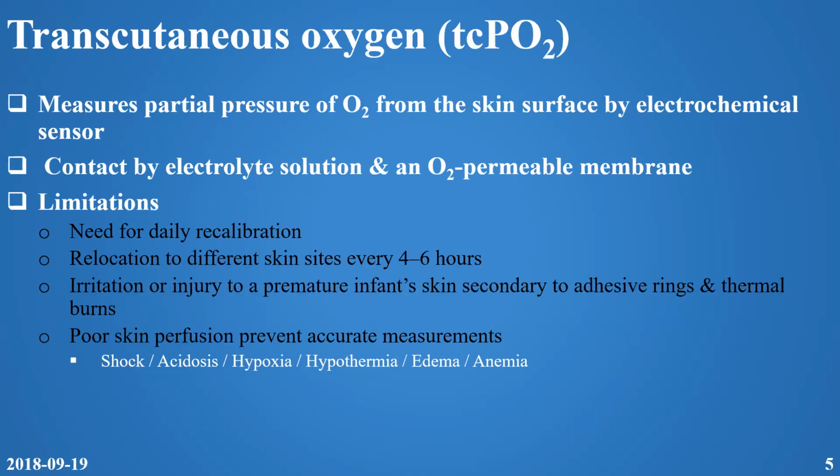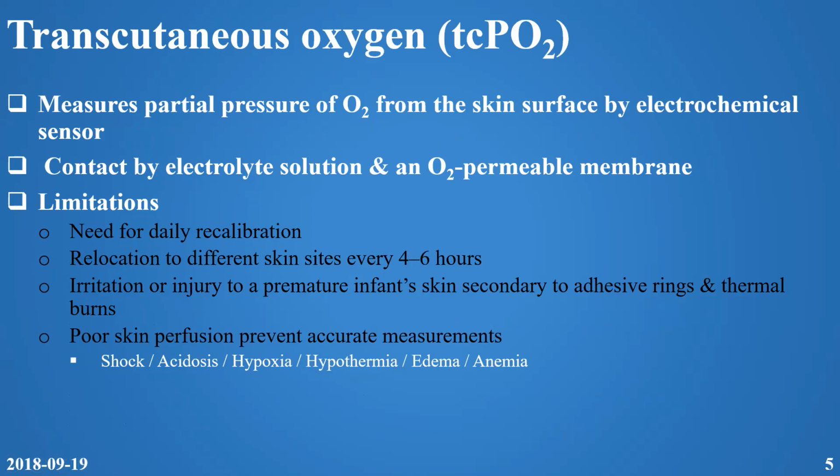Now, also we have transcutaneous oxygen. The difference from pulse oximetry is that it measures a number, not a percentage. It uses an electrolyte solution and an oxygen-permeable membrane. It is an electrochemical sensor. And because it measures a number, it needs recalibration every 4 to 6 hours because it starts to give you a wrong reading.